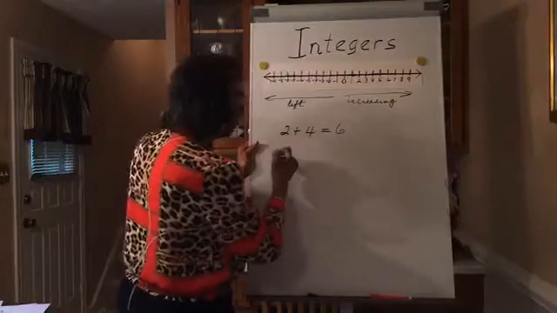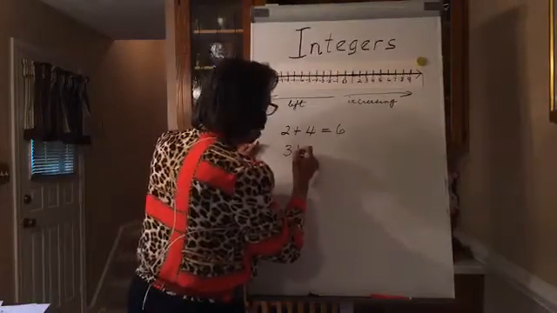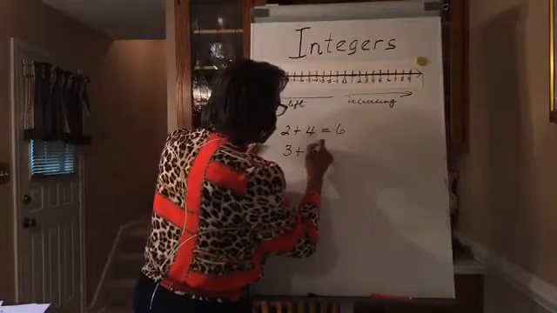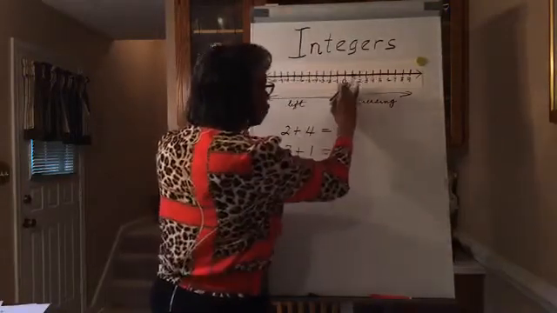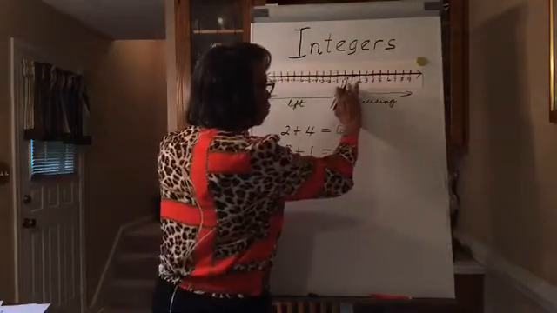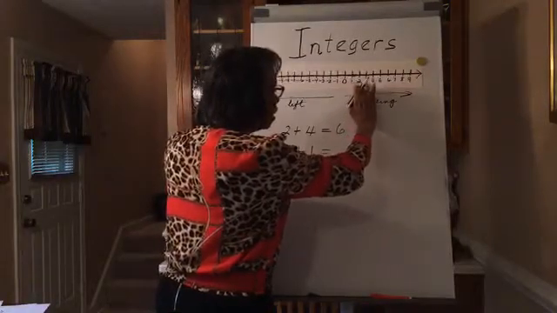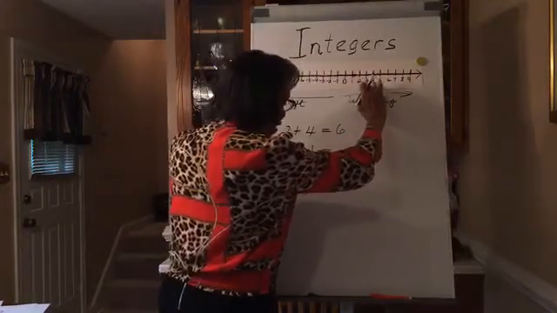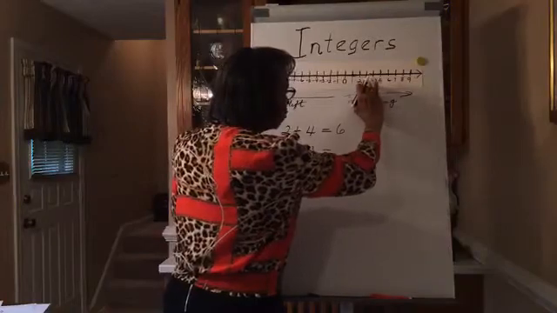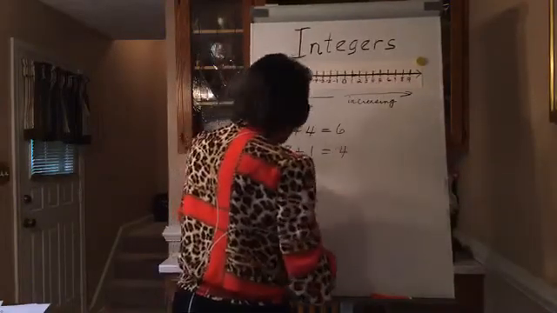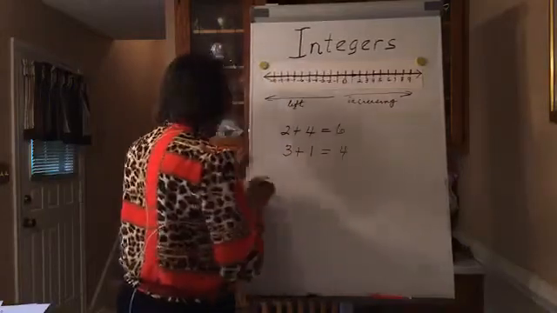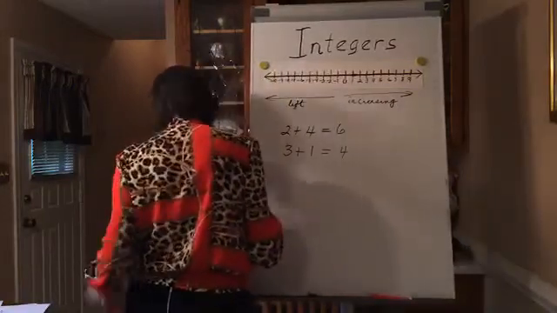All right, 3 plus 1. We know the answer, but let's get used to using the number line. 0, 1, 2, 3, plus positive 1. That's 1 over. That's 4. We can go on and add other numbers.